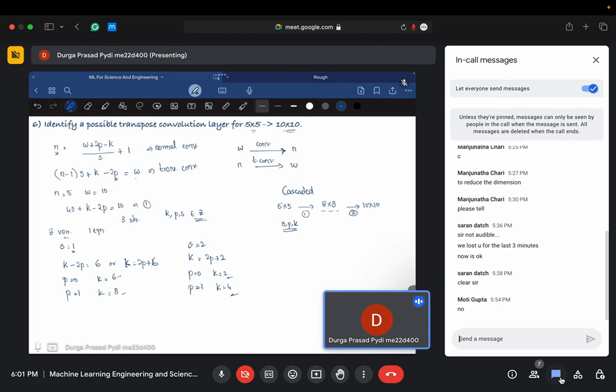Give me one possible solution that will give me this transformation. I'll wait for a couple of minutes so that you can try this out yourself.